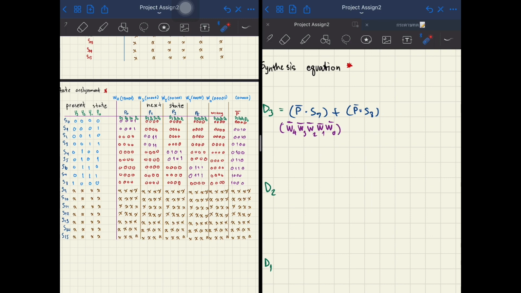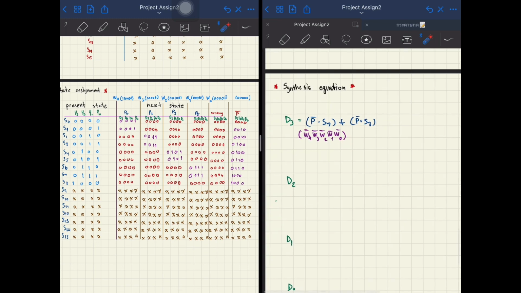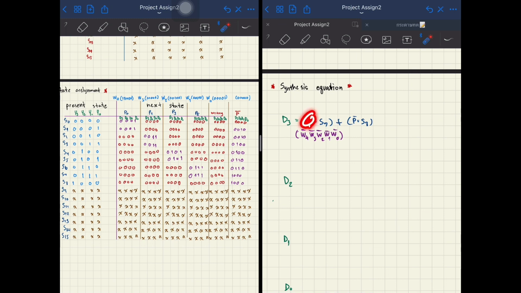Because if I write W4, it means that I press P0, but if I write W4 complement, it means that I leave the button P0. So if I write W4, W3, W2, W1, W0 all complemented, it means that I leave all the buttons, the wrong case too. So this thing can convert into this thing.